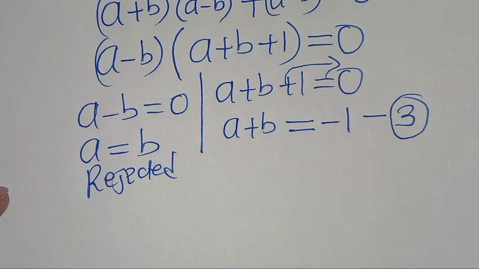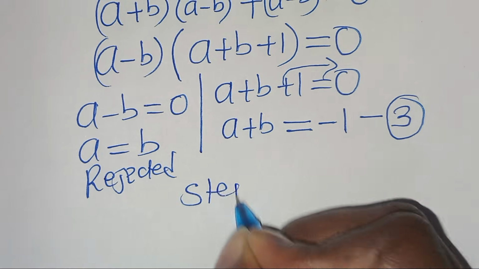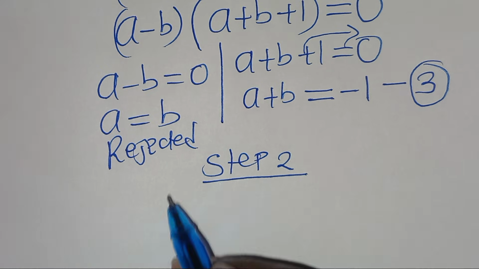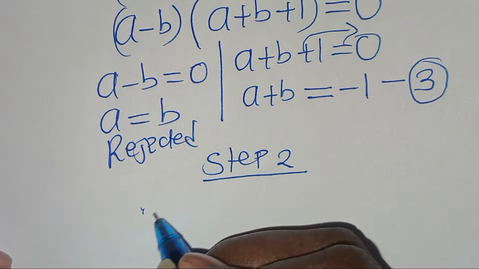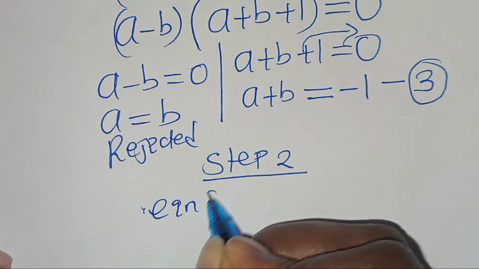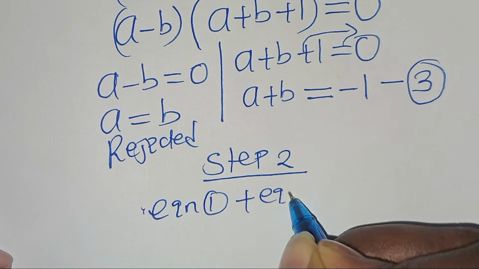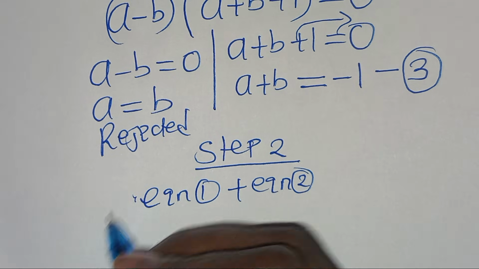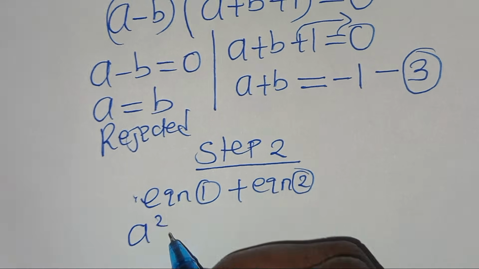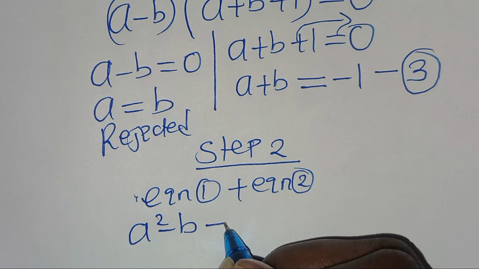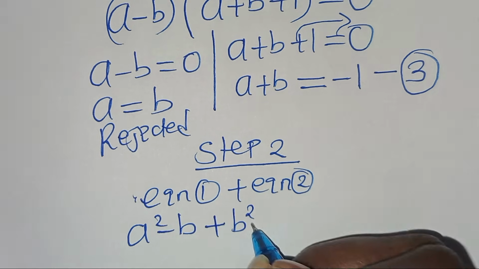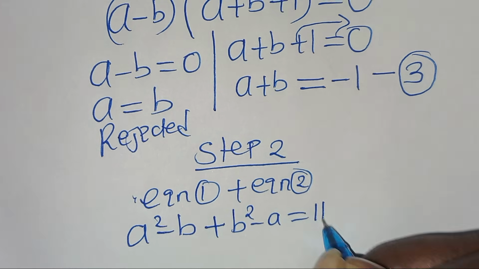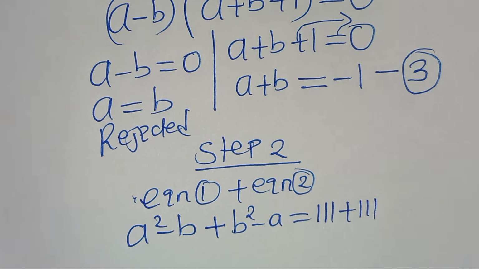Now, the second step here, let's add equation 1 with equation 2. Now this implies that we have a squared minus b, then plus, we have b squared minus a. This is equal to 111 plus 111.